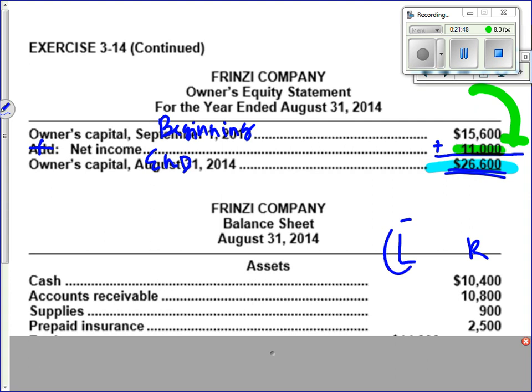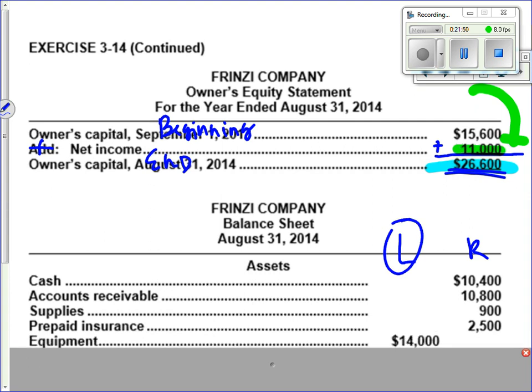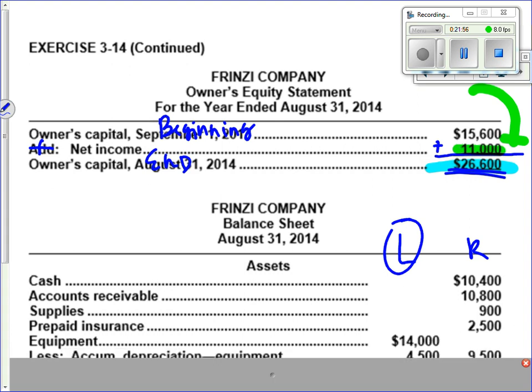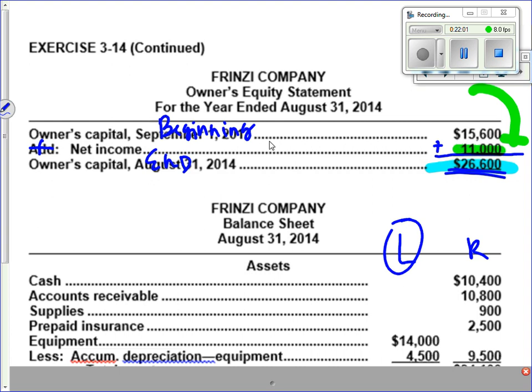So now is when we're going to use the left column. We're going to say equipment is $14,000 minus the accumulated depreciation on the equipment. Remember, that has a credit balance because it's a contra asset account.